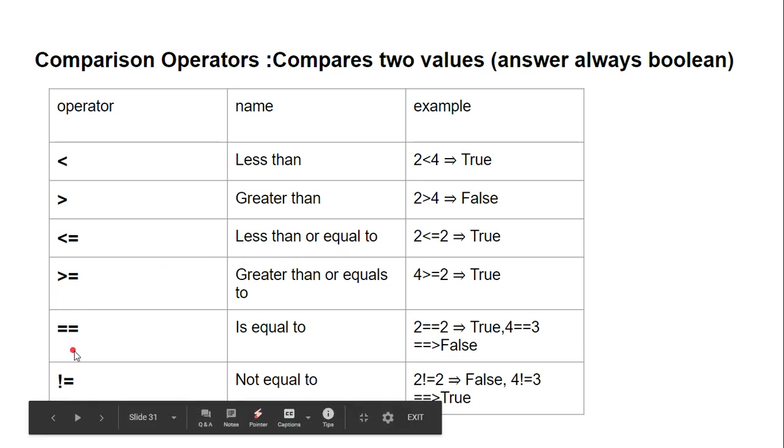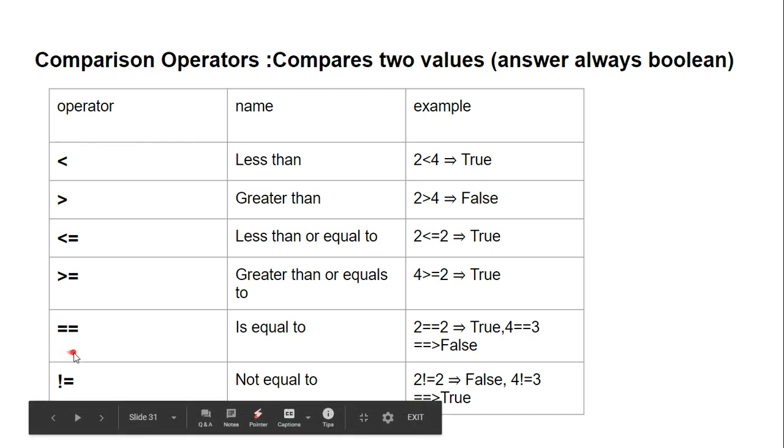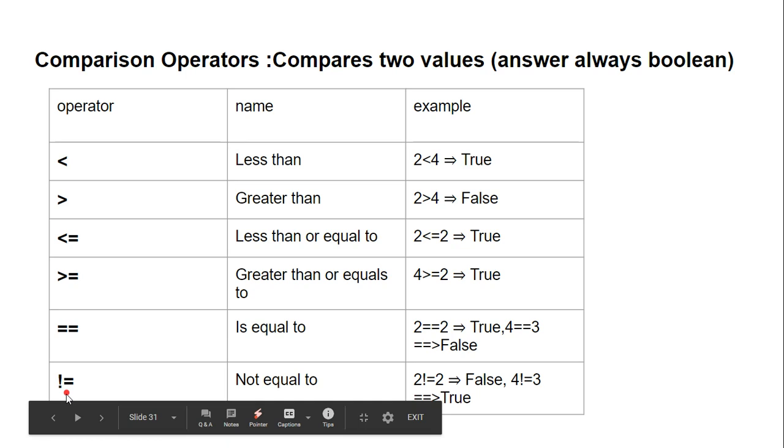I think all of you can practice on this very easily. This part is very easy, so you can practice on your own. We will see some examples. Next is equal to. If you want to check whether two numbers are equal, you will use the equal to operator. Next is the not equal to operator.